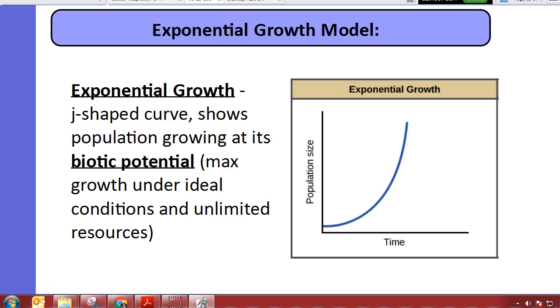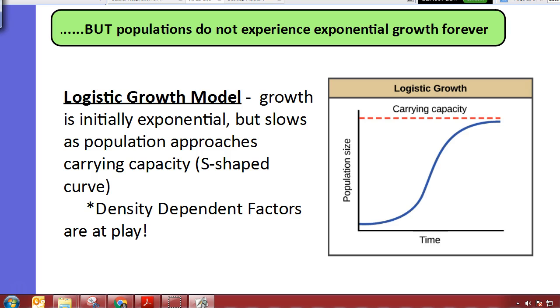So in that little square next to exponential growth, just draw a J-shaped curve like that. Everyone good? Okay. So typically what we end up seeing is they don't experience this exponential growth forever, and they end up leveling off, right?